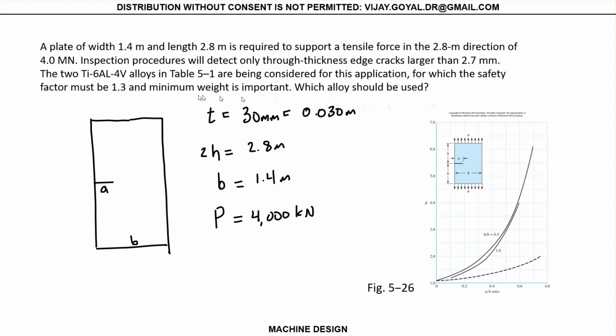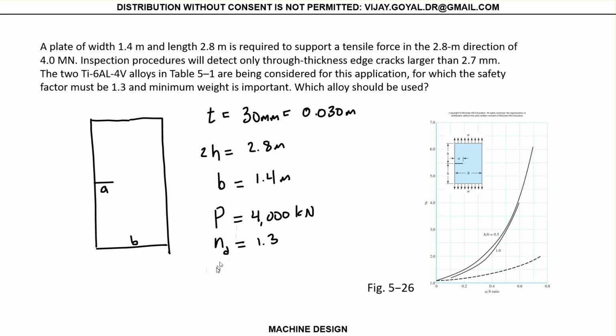Now he's saying to use a safety factor of 1.3, and also is saying minimum weight is required. So when I do the problem, first of all, this 1.3 safety factor is the same as your design factor. Okay, so your design factor will be 1.3.